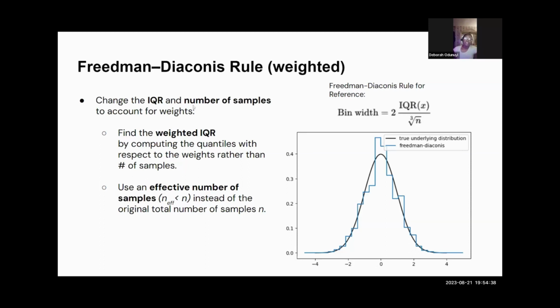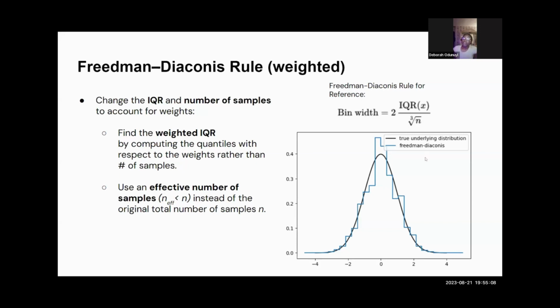Then, instead of using the regular number of samples like we did before, we need to use an effective number of samples. An effective number of samples is basically the same thing as the number of samples, except that it's generally smaller, because it's not taking into account most of the outliers you'll find in a regular data set. So it's much more confined and cleaner, which helps with the optimization of the number of bins.